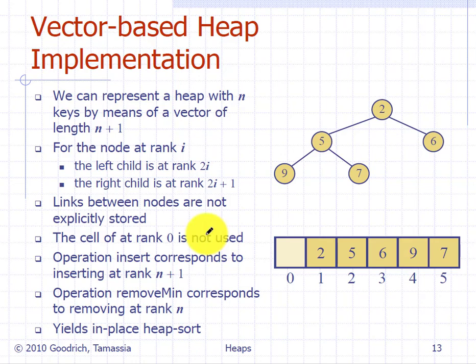I gave the example of a vector-based implementation with this notion of ranks, where the left child is at this position and the right child at this position. If you do this with binary trees, you could be very inefficient, because you could have the situation like this, where you are trying to store a chain of nodes.